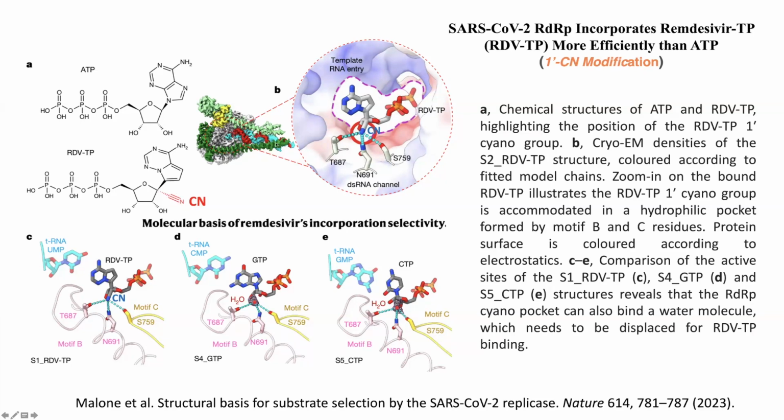This is a structure determined by Elizabeth Campbell's group at Rockefeller. Because of this cyano group, additional hydrogen bonding is formed. Therefore, it binds very tightly to the active site of SARS-CoV-2 RDRP, even better than the natural nucleoside triphosphate ATP.